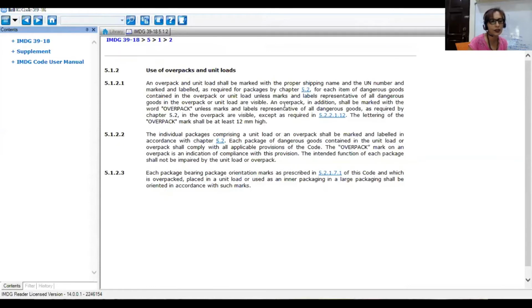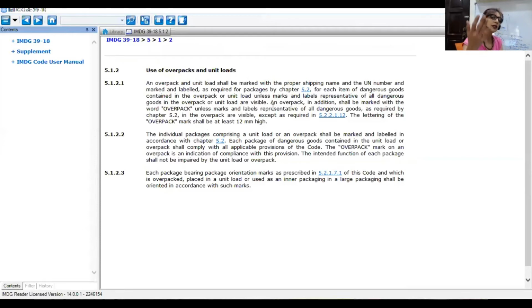What we were discussing. So they're saying that the overpacks must have this information on them as well, in addition to the individual package, for each item of DG contained in the overpack or unit load, unless the marks and labels representative of all dangerous goods in the unit load or overpack are visible.